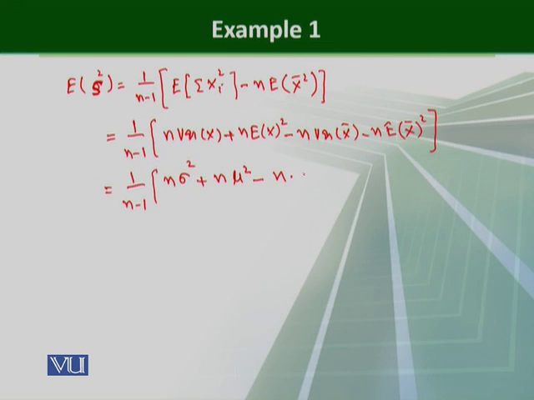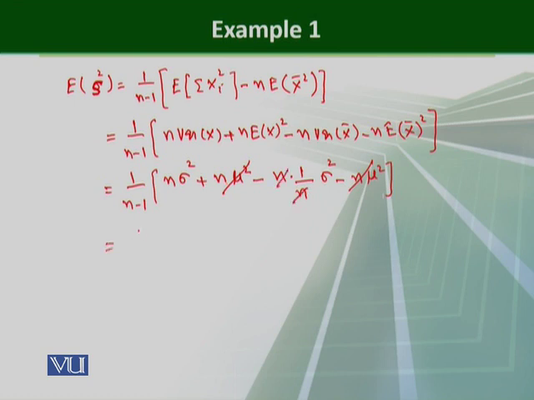We have already given this fact, that variance of x bar is 1 over n, so 1 over n into sigma square will come. Variance of x will be sigma square, and minus n mu square. So further you can see that this n mu square will cancel out with the other one, and this n will cancel out with this.